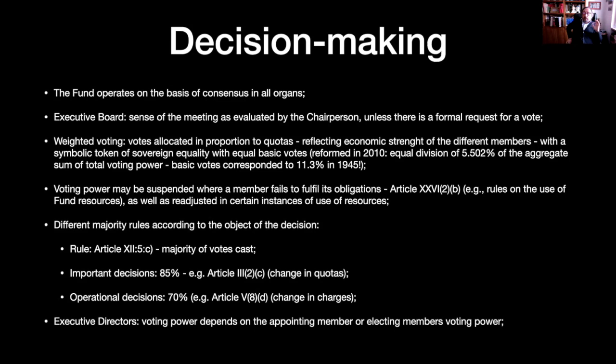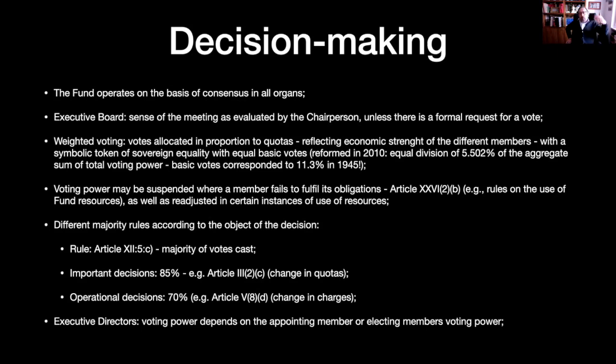Note that since the United States has over 16% of votes, it is single-handedly able to block any decision on quotas. Then operational decisions have a qualified majority of 70%, for instance changing the charges applied to members for access to the fund's resources. Again, the United States, with a few more of the rich countries, is in a position to collectively block these decisions.